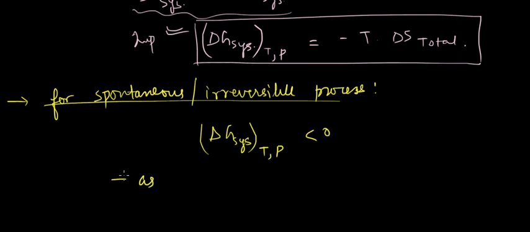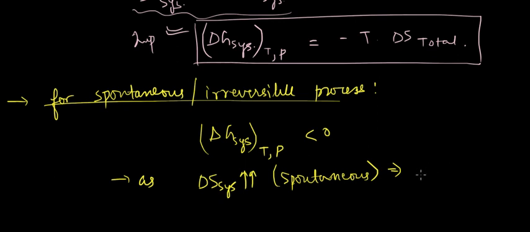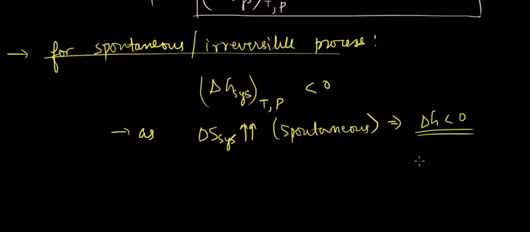Okay, so as delta S of system, or entropy of the system, increases in a spontaneous process, this implies that delta G would be going more and more negative.